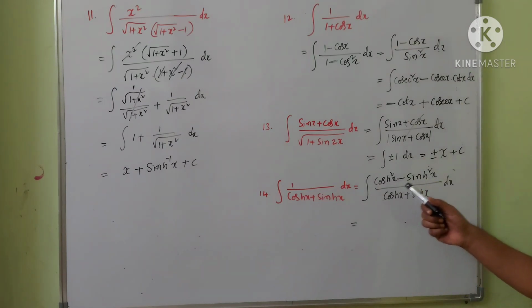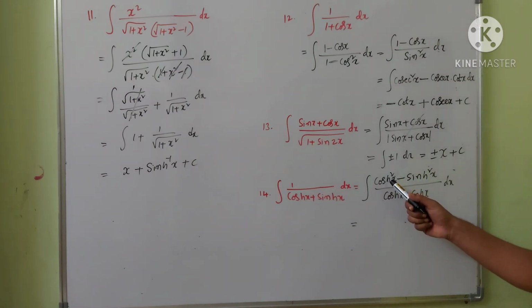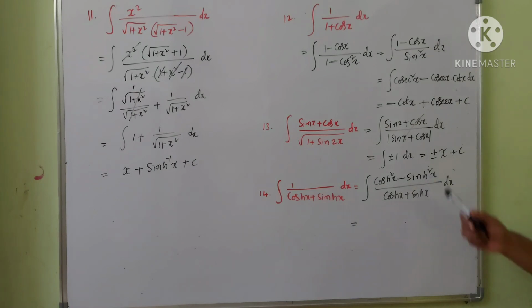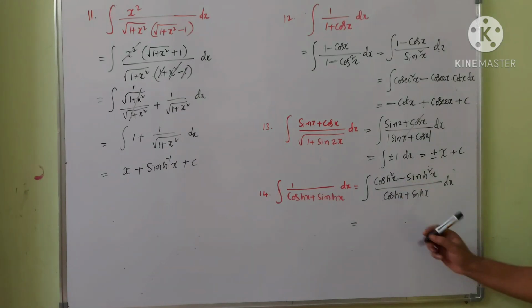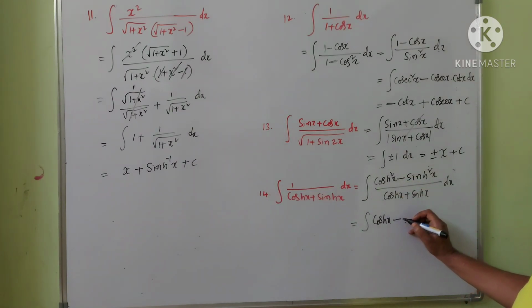The factors are a minus b into a plus b. Like that, the factors for the numerator are cos hx plus sin hx into cos hx minus sin hx. So cos hx plus sin hx gets cancelled. The remaining is cos hx minus sin hx.